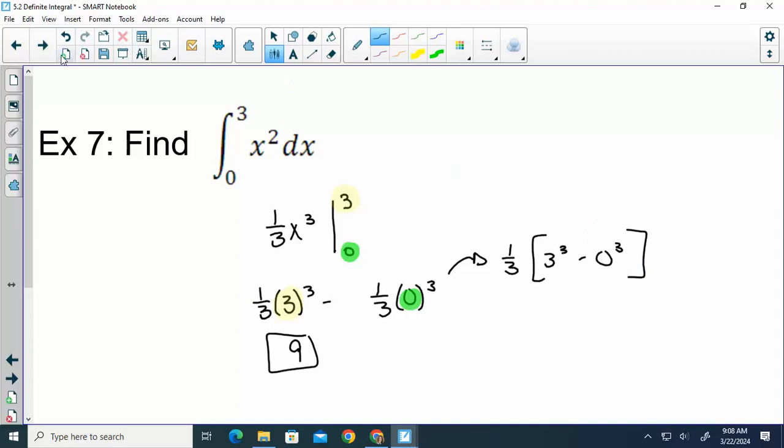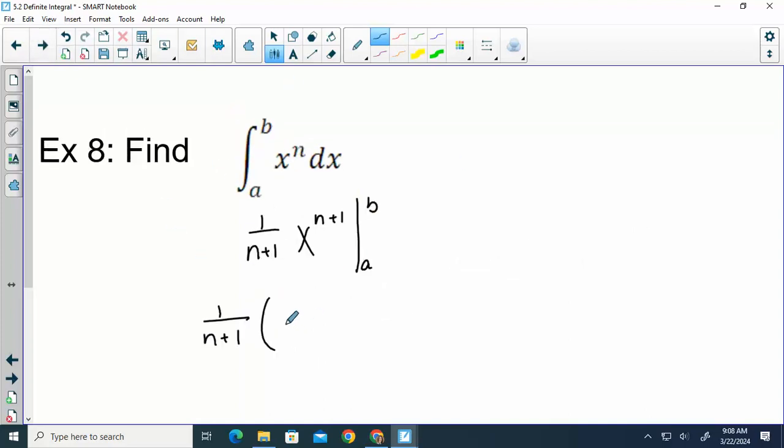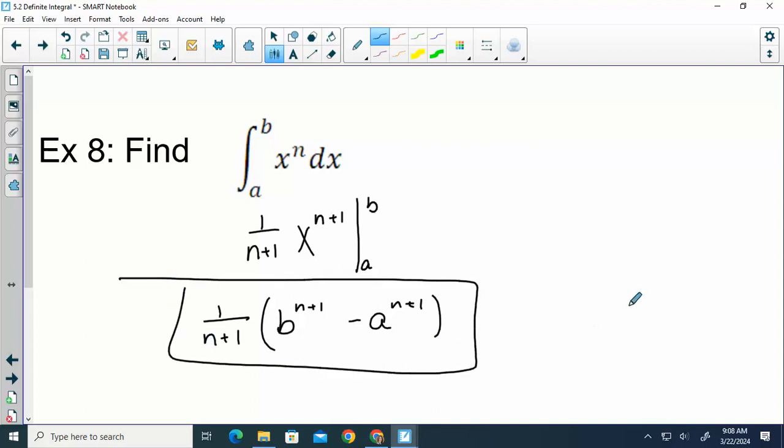So if you want to do that just to save a little writing, you're welcome to. So I would do b to the n plus 1 minus a to the n plus 1. So that's our expression. Okay, if I knew a and b and n, I could get a final answer. But just kind of looking at what we're doing on those.